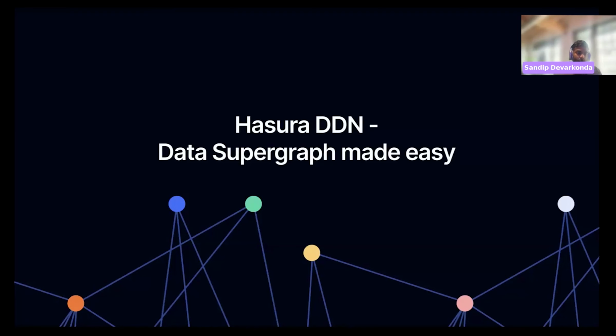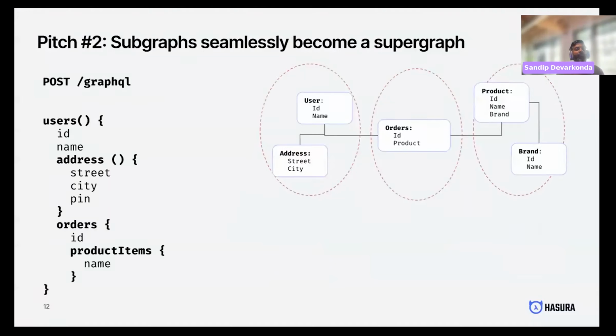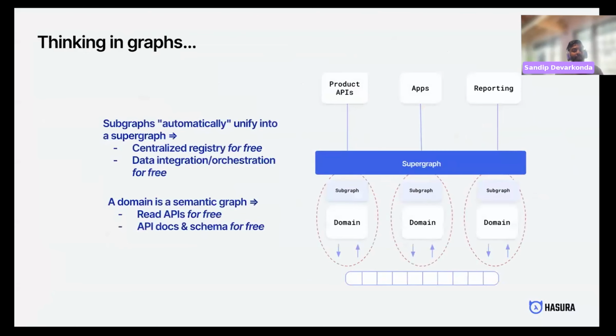The idea behind Hasura DDN is: how can we provide a supergraph architecture in a way that requires the least amount of effort from all the different engineering teams inside an organization? How do we get to this architecture? How do we provide the building blocks of this kind of architecture to any engineering team inside an organization? That's the principle on which Hasura DDN is built.